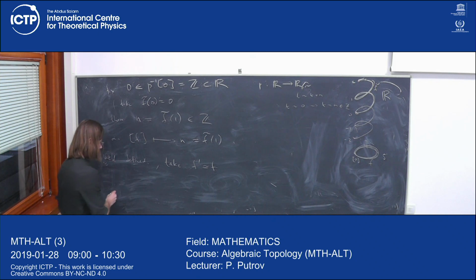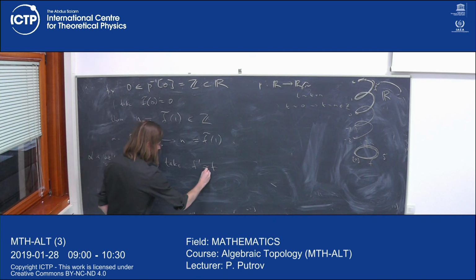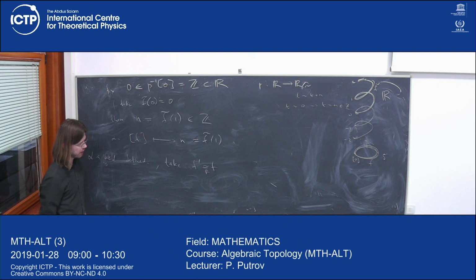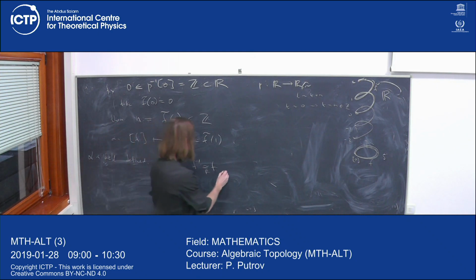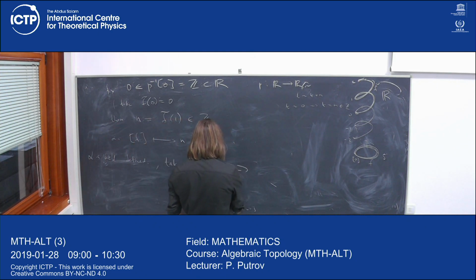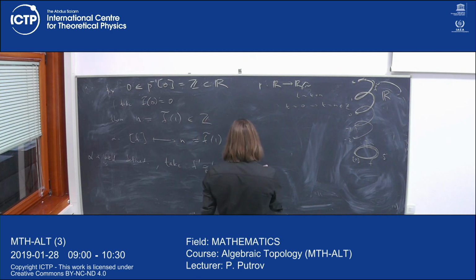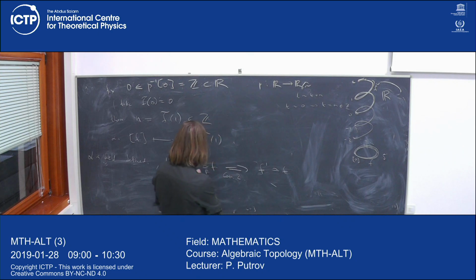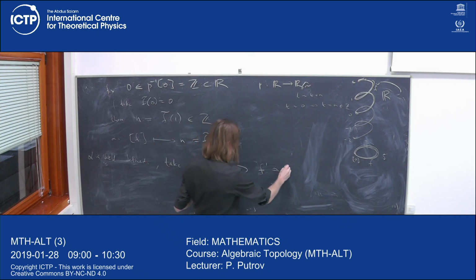So let's say there is a homotopy between paths f prime and f. And from corollary 2, it follows that if I find the lifts of f and f prime, they're also homotopic.